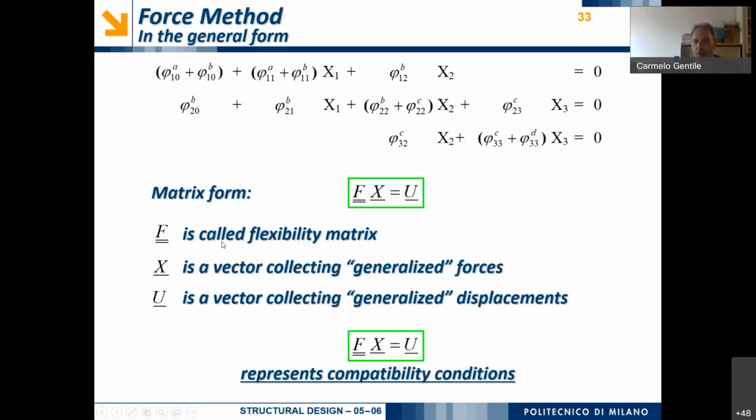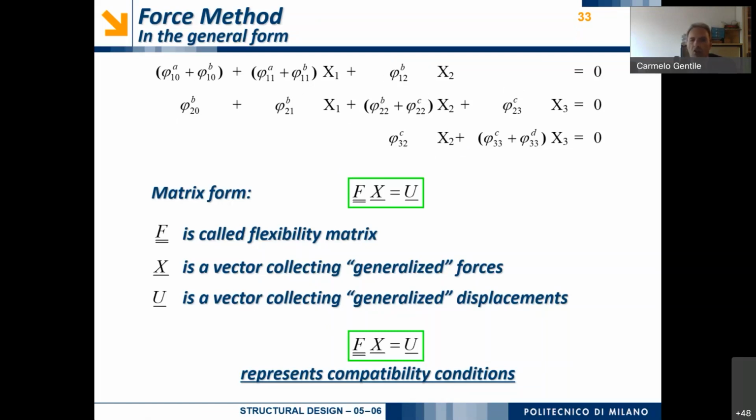So it's a vector generally collecting some generalized displacement. Of course, we have already discussed several times the mechanical or physical meaning of the equation, allowing us to write the equation in the force method.